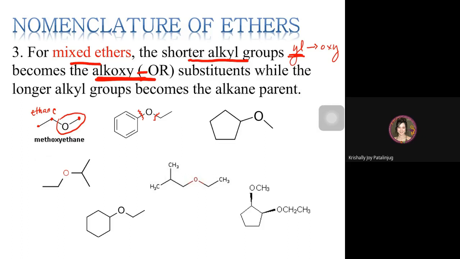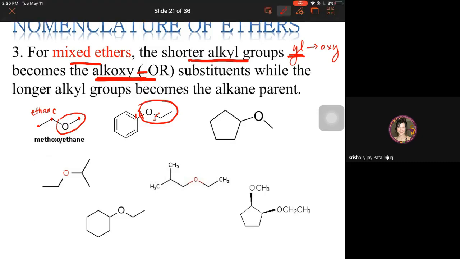Benzene, on its carbon 1, what is this alkoxy? Try. What is this alkoxy? It is 1, 2, two carbons. Very good.